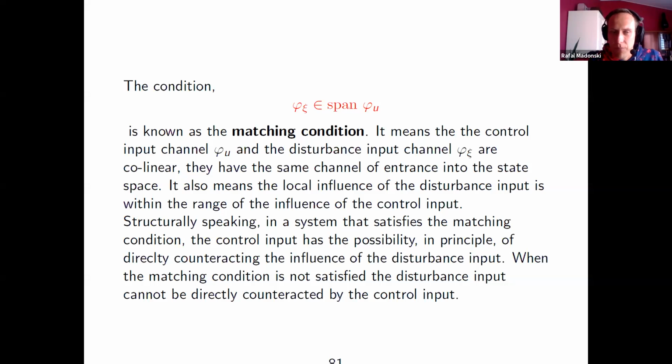And my background is in robotics primarily. When we use the phrase unmatched disturbance in robotics, it means that whatever system transformation you can do, you still cannot compensate this type of disturbance.